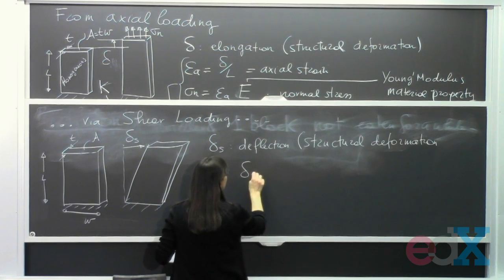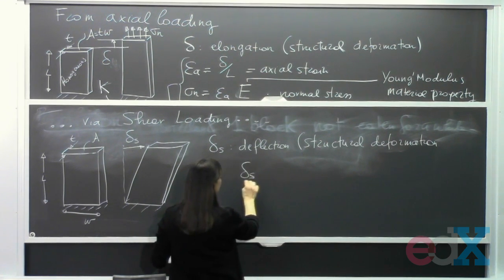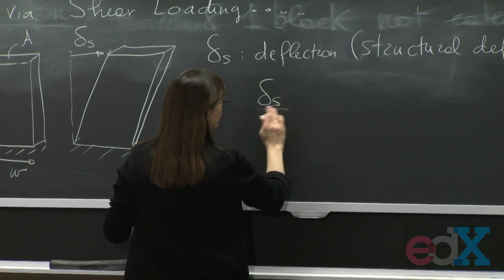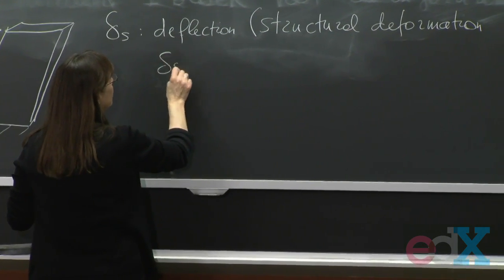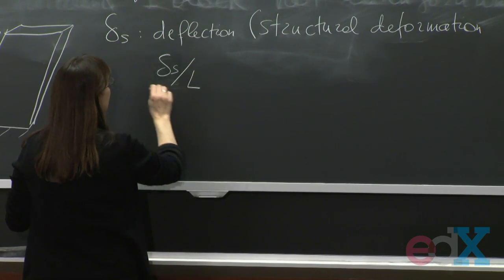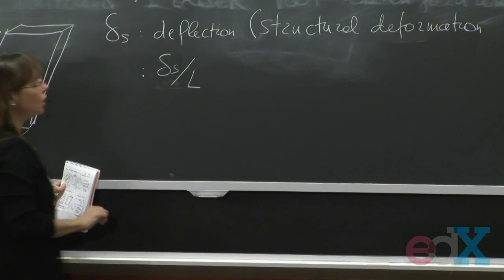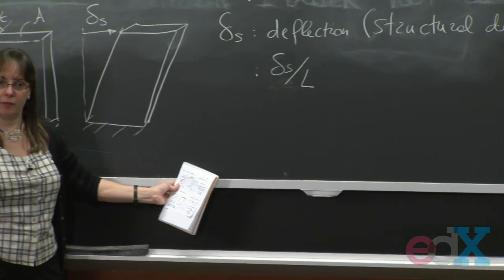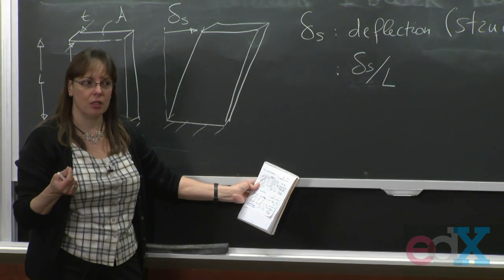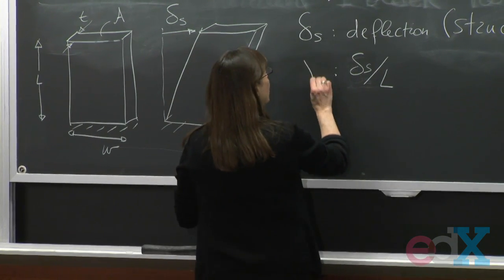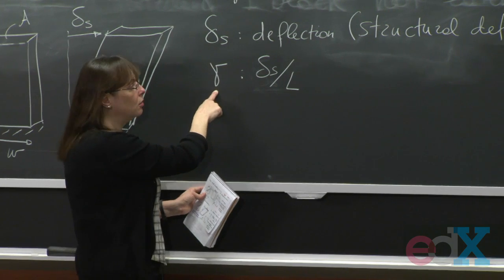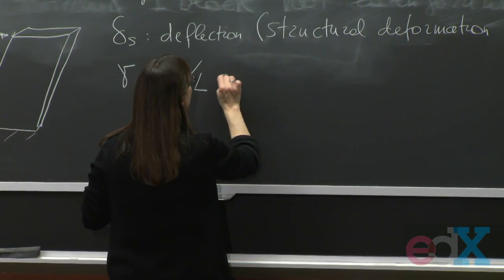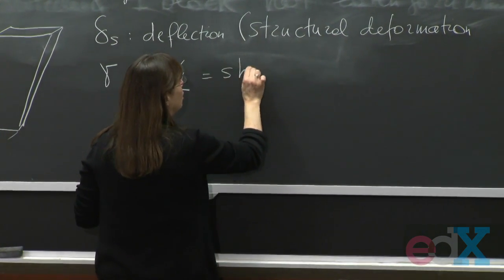So why don't we do the same? We take the delta and we divide it by the length. And this one is going to be a measure of deformation per unit length, if you want. And we're going to call it gamma. This is another Greek letter, gamma. And this is the shear strain.